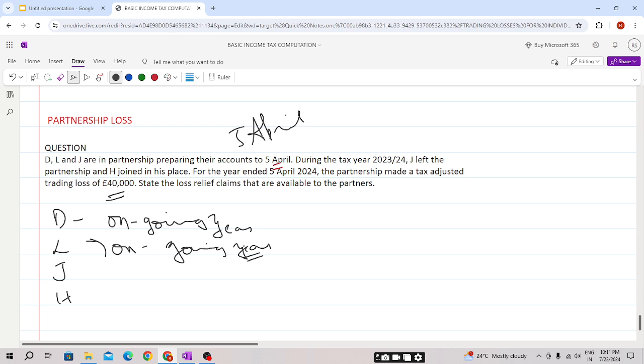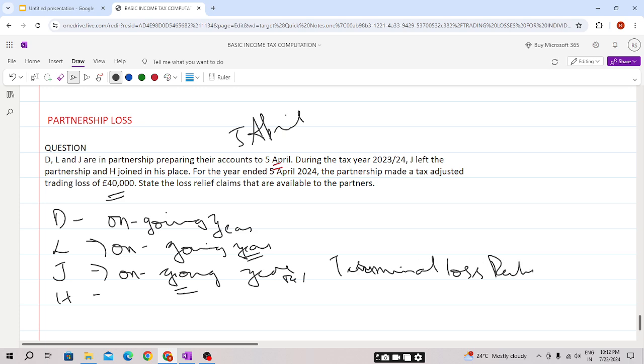But students, J has left the partnership. If J is leaving the partnership, ongoing rules and terminal loss relief, that is the closing year rule, will be applied. The closing year rule means the ongoing year rules relief plus the terminal loss relief will be available to J. H will be entitled to ongoing rules plus opening year loss relief rules.